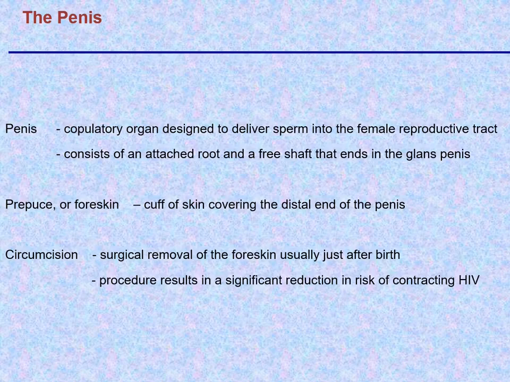It consists of a structure that's attached at the root and has a free shaft ending in what's called the glans penis. Now the end of the penis is covered with a cuff of skin, which is called the foreskin. Another term for it is the prepuce.